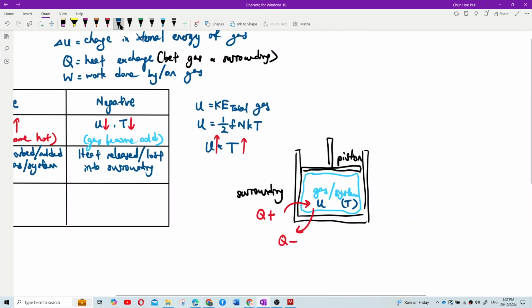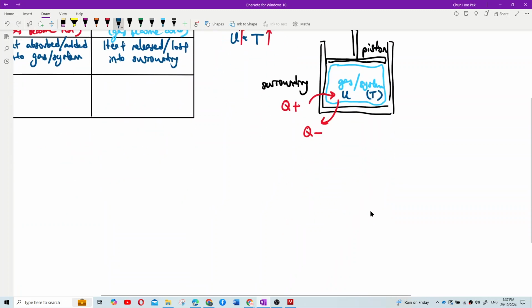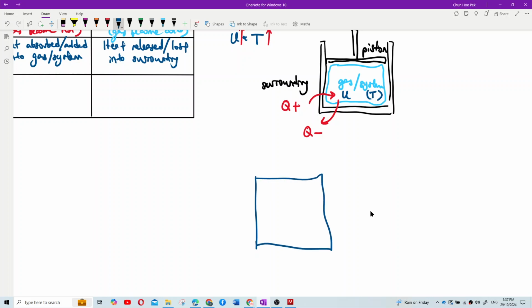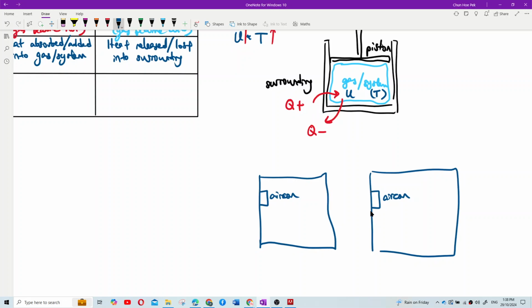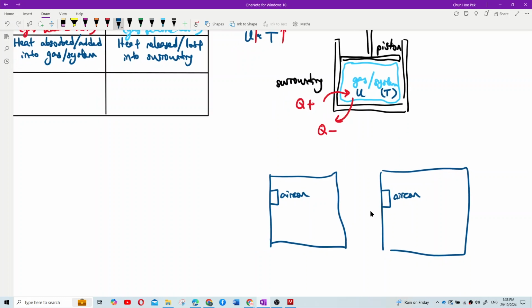So you can imagine something like this happening inside the room, with an aircon. This is the aircon. I drew the aircon. So let's say you switch on the aircon.